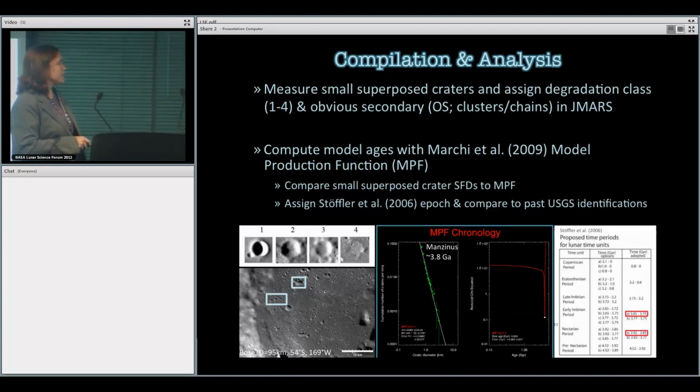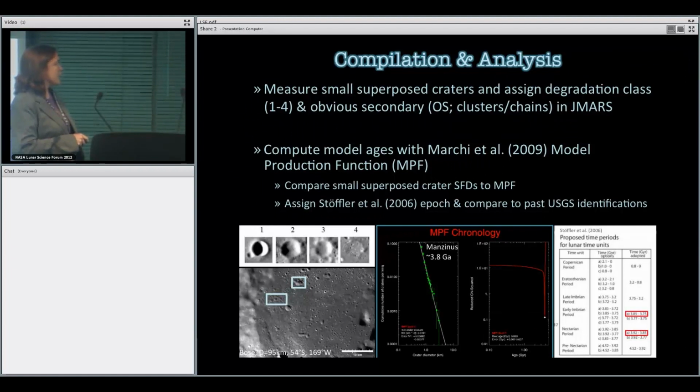This is to facilitate comparisons to past USGS identifications on the global lunar maps that were produced in the 60s and 70s, as for most of our craters, actual absolute ages were never computed, just the epoch was estimated.